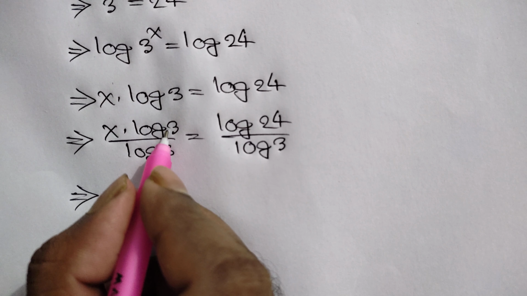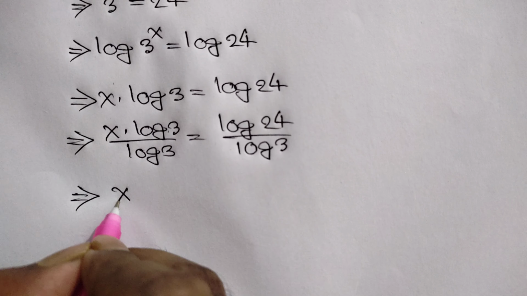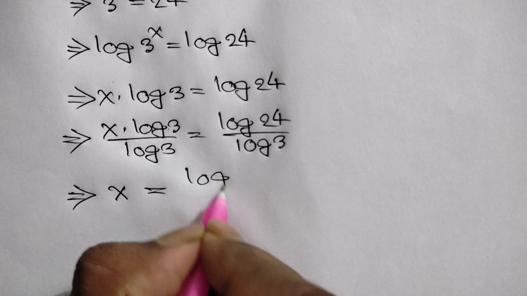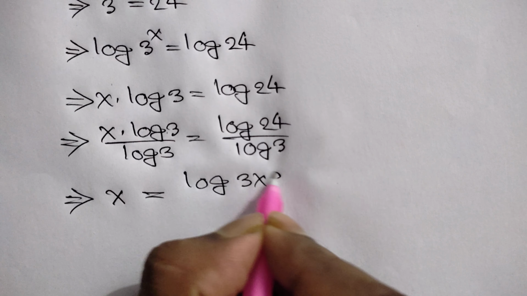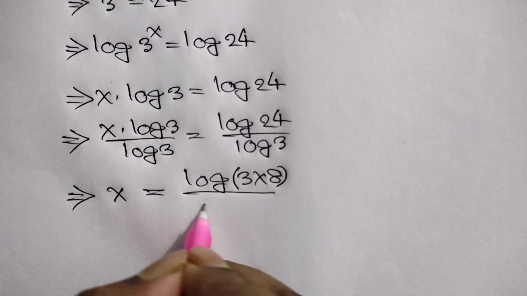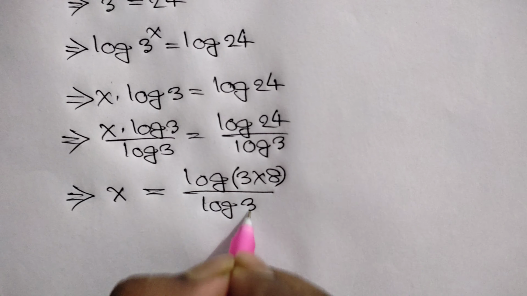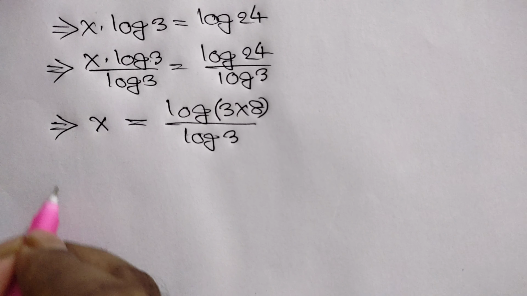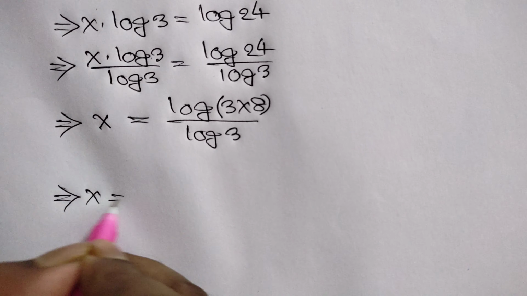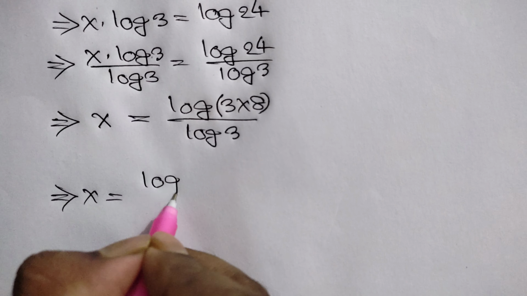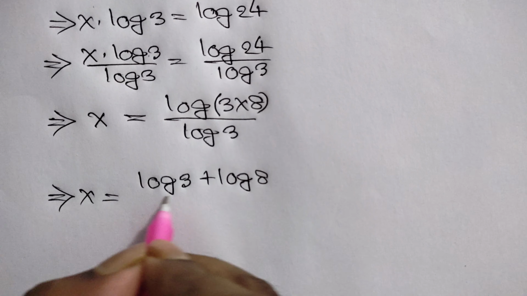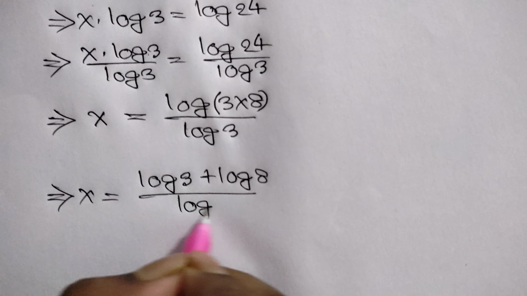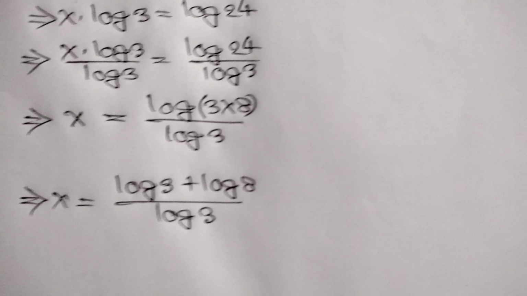Or this log of 3 cancels out this log of 3, so here we will get x is equal to log of 24 can be written as 3 times 8 over log of 3. Or x is equal to, now we can write here log of 3 plus log of 8 over log of 3.